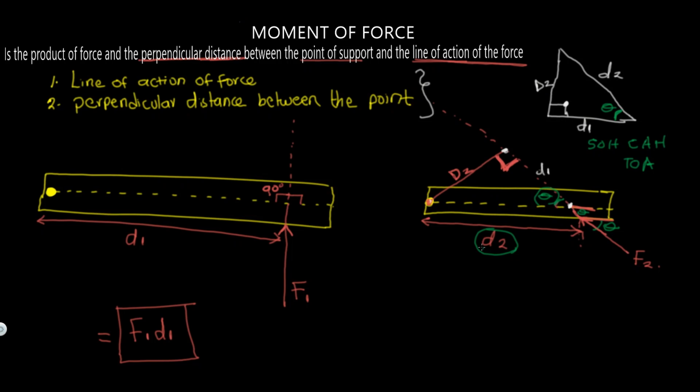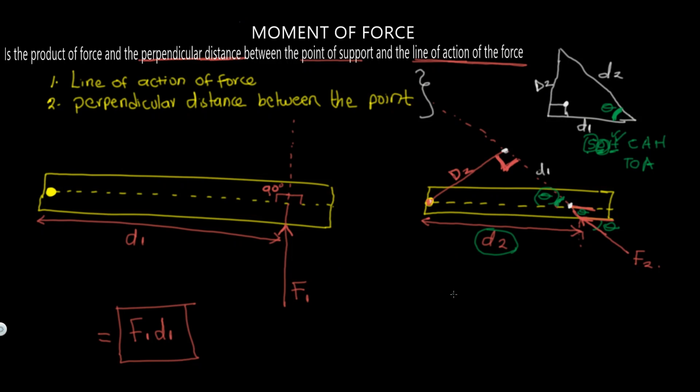So D2 is the hypotenuse and this is the angle. And we are looking for the opposite. So we have the hypotenuse and we are trying to find the opposite. So we can use sine, because we have theta and we have the hypotenuse. The hypotenuse is this D2, and we are finding the opposite, which is this perpendicular distance.